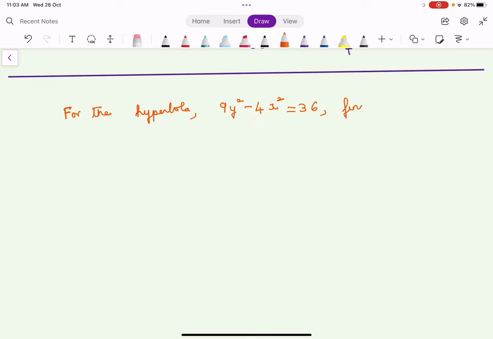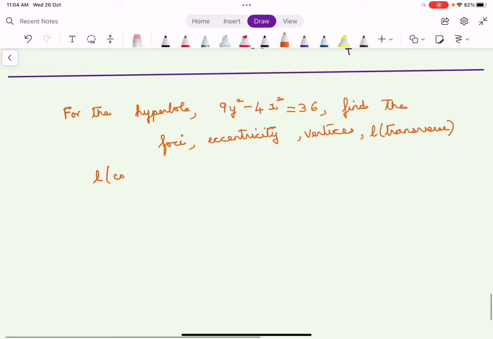Find the foci, eccentricity, vertices, length of the transverse and conjugate axis, and length of the latus rectum.